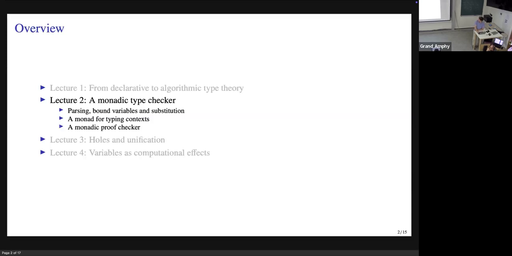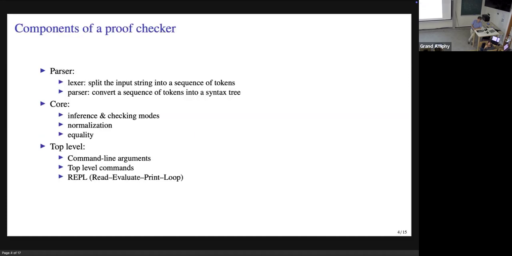So lecture 2, we're just simply going to look at how to implement the thing we did in lecture 1. And so there are some components, and we are going to go to them. You could divide up the tasks in the following way.